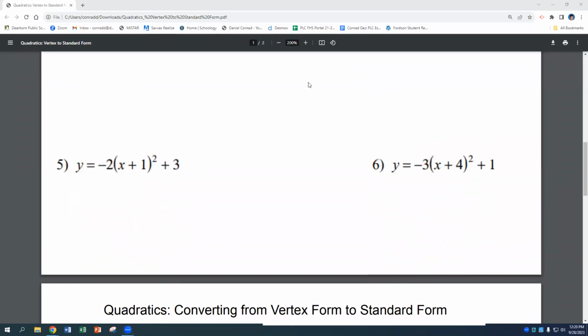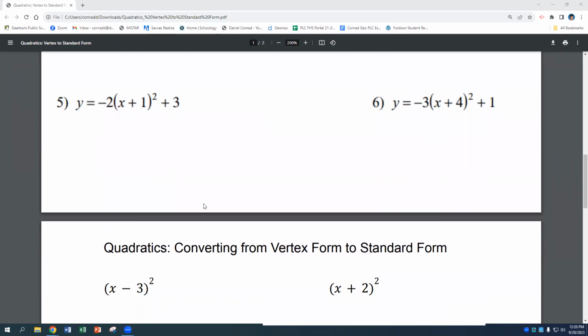All right, 2 more. Let's just do one of them. I don't know if we need to do both. Y equals -2, x plus 1 times x plus 1, and then +3. So y equals, I got -2 on the outside, and then in my parentheses, I'm going to distribute. x times x is x squared, x times 1 is x, 1 times x is x, 1 times 1 is 1, and then I have +3 on the outside.